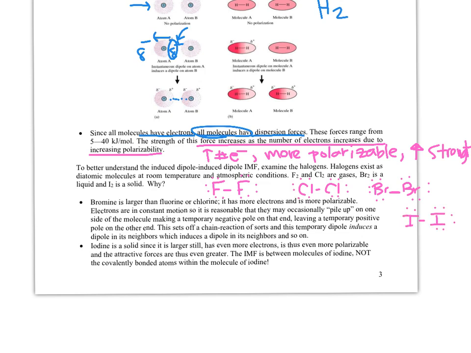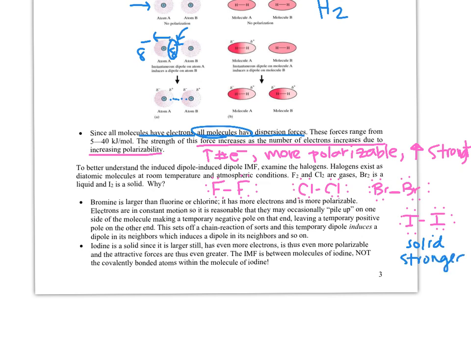Now let's think about this. Why, if they're all bonded and their Lewis dot structures all look exactly the same, and they're all nonpolar, would iodine and bromine exist as a liquid or solid? We have to go back to the concept of melting and boiling points. When we see that iodine is a solid, we know it's going to have a stronger IMF.